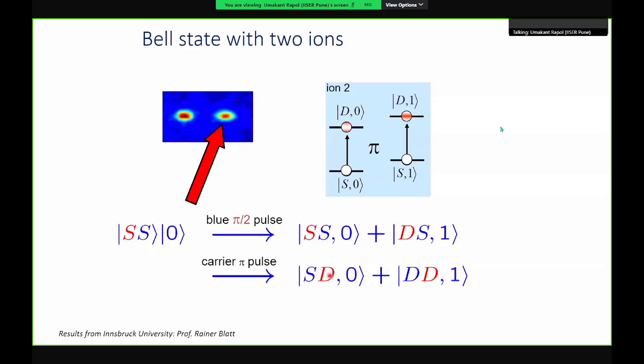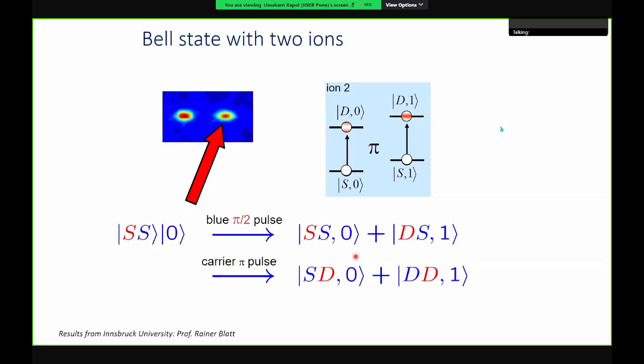So you change this S to D. This S has become D on the second ion, but it is also in a superposition of 0 and 1 motional mode, because you didn't take away the motional mode. Both ions are still in a superposition of the first motional excited state and the ground state of the motional modes.